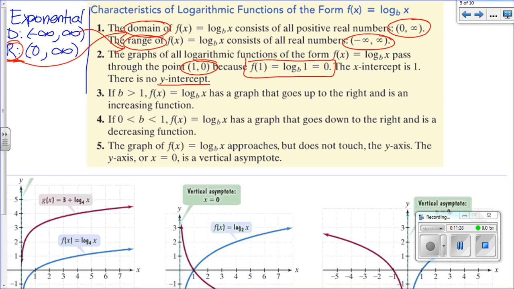There is no y-intercept because instead of that, we do have something called the vertical asymptote. I'm sorry, there is no y-intercept because we have a vertical asymptote, and that is the line x equals 0, or the y-axis.